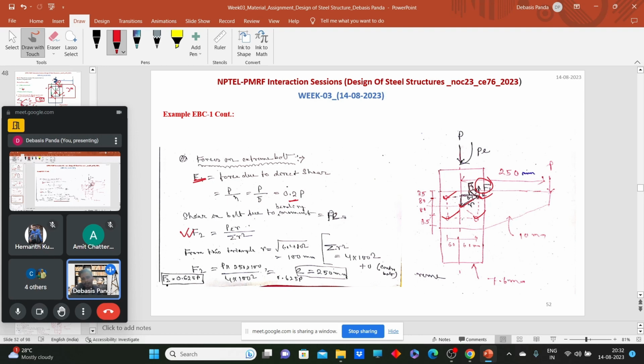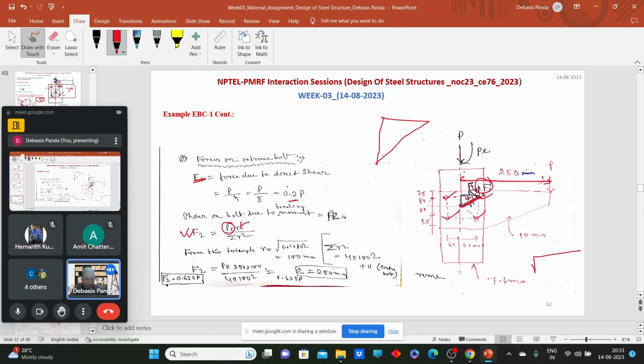What is that? P e r by summation of r square. What is the value of P into e? We know the eccentricity as 250, right? P e as it is, let it be. What is the value of r? This r is the radial distance. It's nothing but under root of, let me draw this triangle.